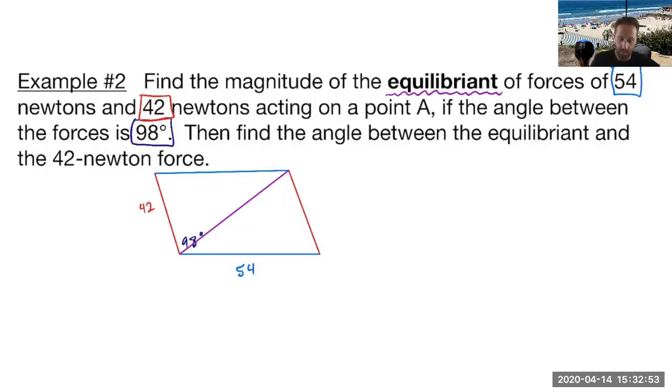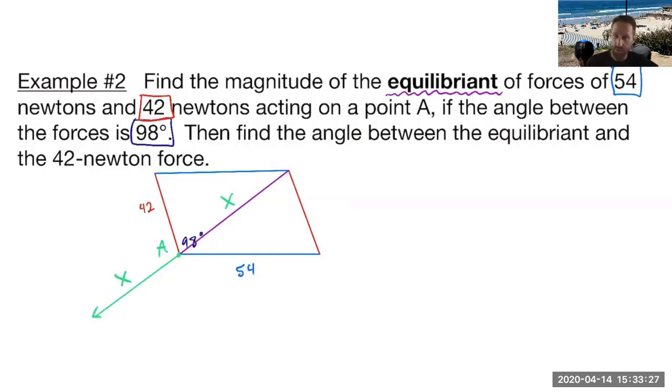So the equilibriant would be the thing that is facing the exact opposite direction from that point A, they labeled it, and it would end up being the exact same length. So trying to draw it as best to scale as I can, the cool thing is I know if I find this value, it's the same as that value as far as length goes. Obviously, it is facing the opposite direction, so it would be a negative rather than a positive.